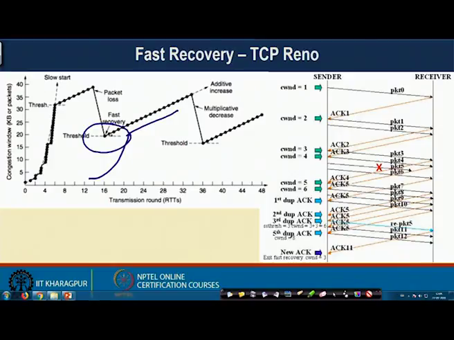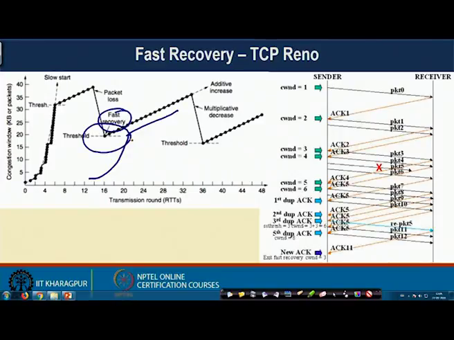So, here we are applying additive increase much faster, that will help you reach the operating point much faster compared to TCP Tahoe, due to the fast recovery algorithm, avoiding the slow start phase again whenever you detect congestion through the triple duplicate acknowledgement.